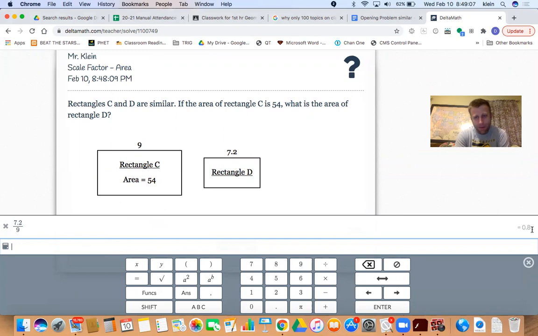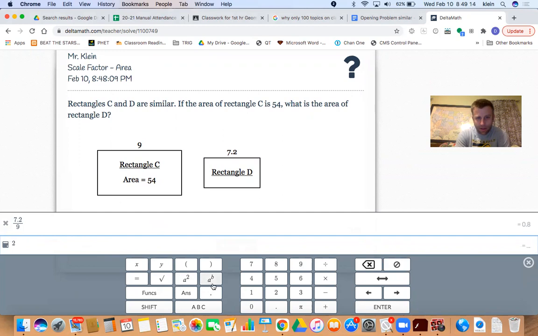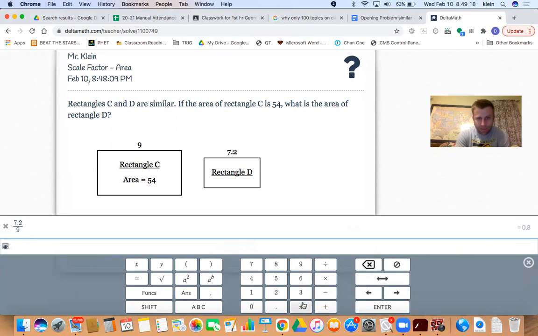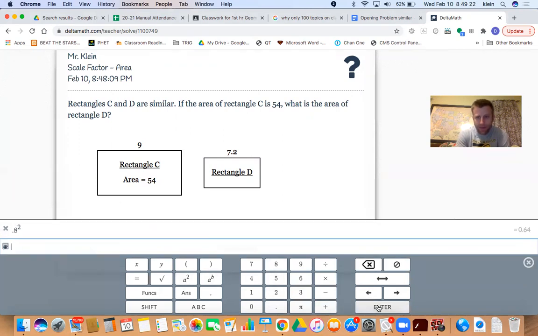So the scale factor is 0.8, but now I need to square that. 0.8 squared. Enter. 0.64. That means the scale of the area is 0.64.